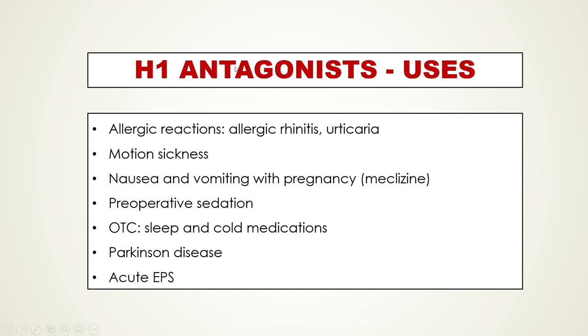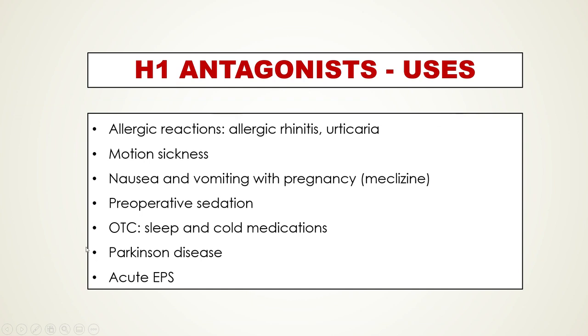When it comes to treating allergies, either first or second generation drugs can be useful. But if you are going to use one of these drugs for motion sickness, then it has to be only first generation but not second generation. Whereas for nausea and vomiting, it has to be a first generation drug. In fact, meclizine is useful for nausea and vomiting in pregnancy.